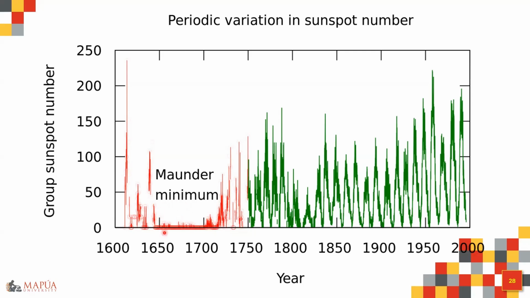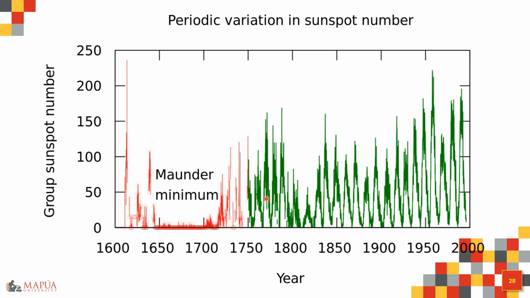And they say that this is when an ice age occurred. So therefore, they mentioned that solar activity is actually a good estimator of climate activities.